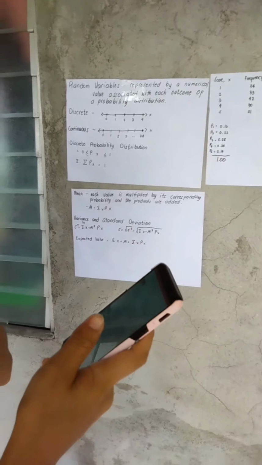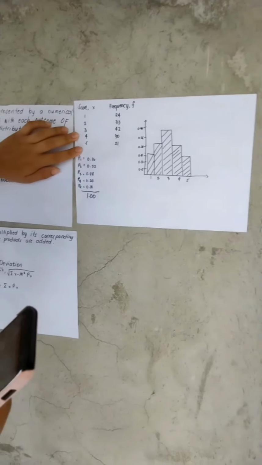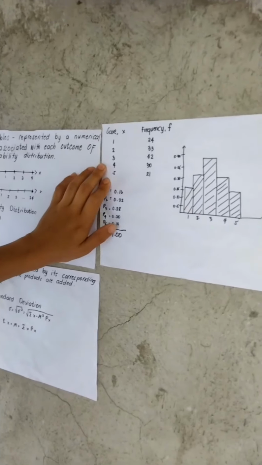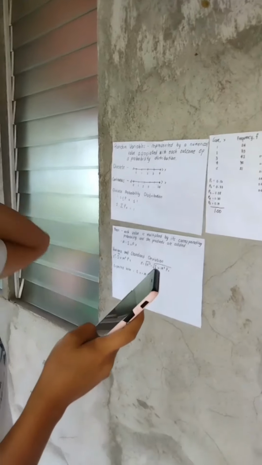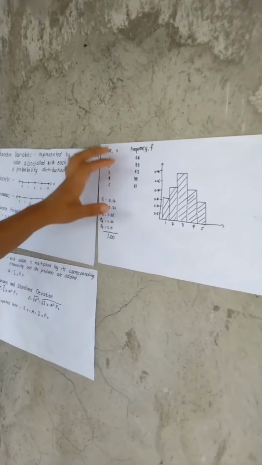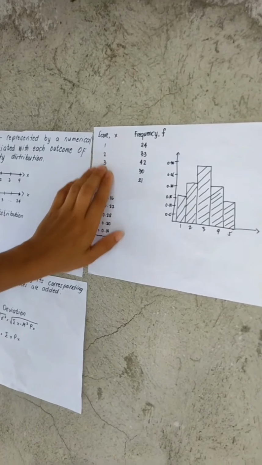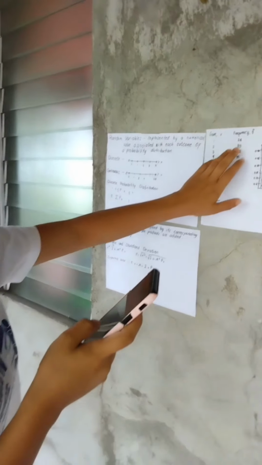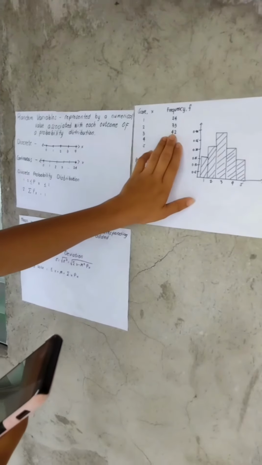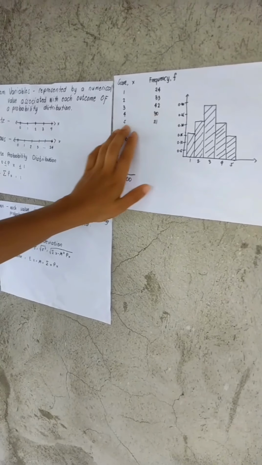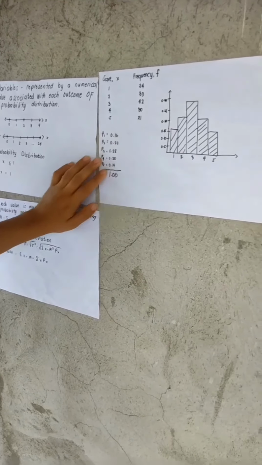So we'll move to getting the mean. In constructing these discrete probability distributions, we must have this table, the score x and the frequency f. Score 1 has 24 outcomes, 2 has 33 outcomes, 3 has 42 outcomes, 4 has 30 outcomes, and 5 has 21 outcomes, a total of 150 outcomes.